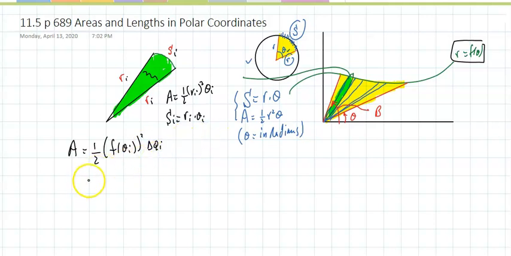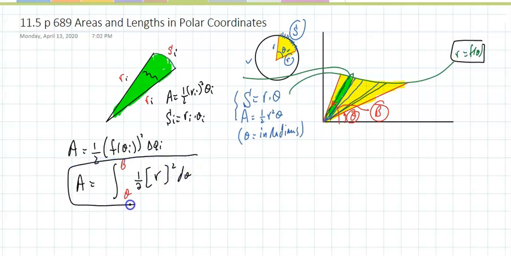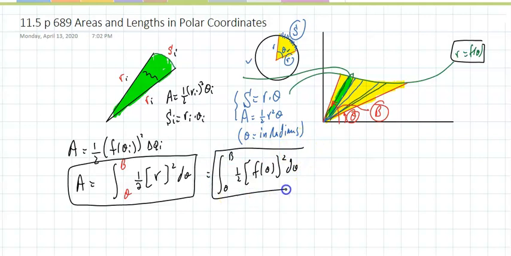Or, if I want the total area without making this really long, I'm going to integrate from theta to beta of 1/2 r squared d theta. And that will pretty much find me that exact area. Some would write it from theta to beta of 1/2 of f of theta squared d theta. It doesn't really matter, it's the same thing.